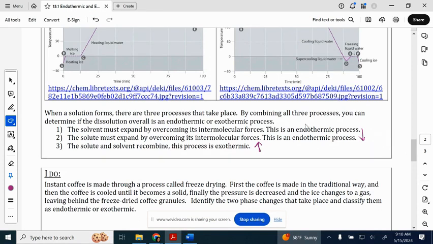If we go the opposite direction and this takes more energy than this gives off, then the overall delta H is going to be positive. This will feel cool to the touch.